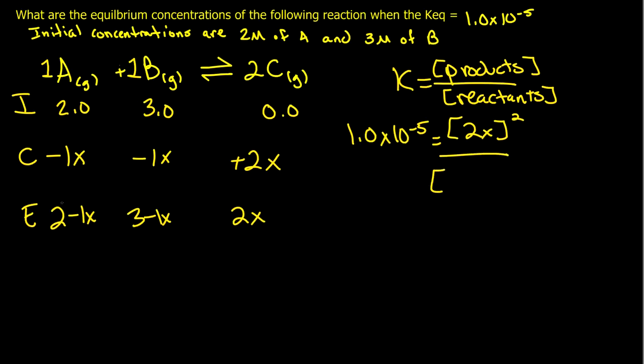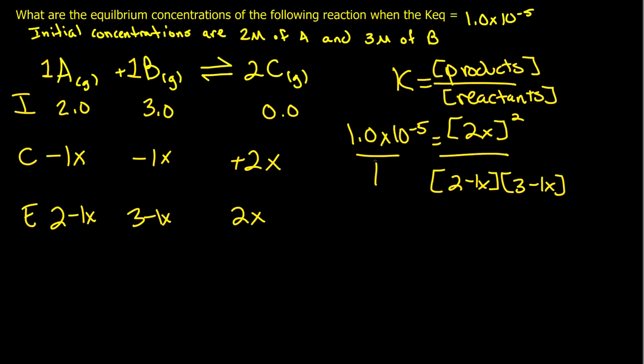Concentration of A is 2 minus 1x. It's 2 to the first. Times the concentration of B. It's 3 minus 1x. And it is also 2 to the first. So in order to solve for x, we put this over 1 and do some algebra.